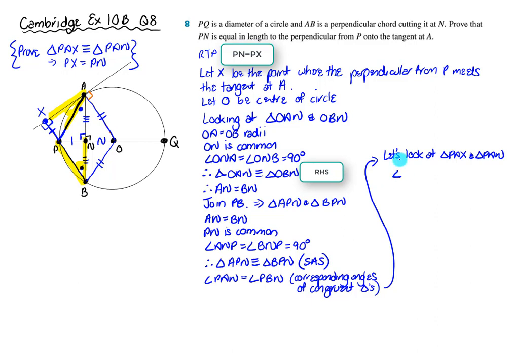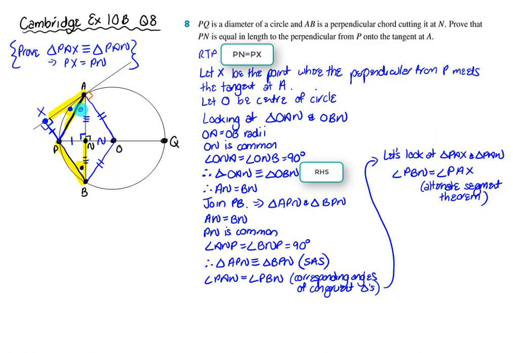So angle PBN equals angle PAX. And you should see where I'm going with this. That's alternate segment theorem, because that is now equal to that angle there.